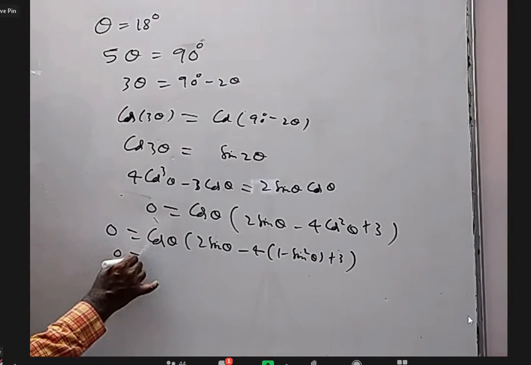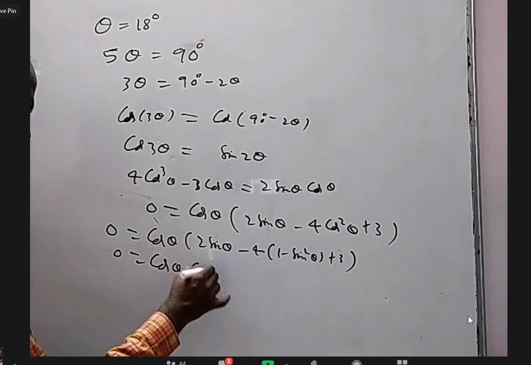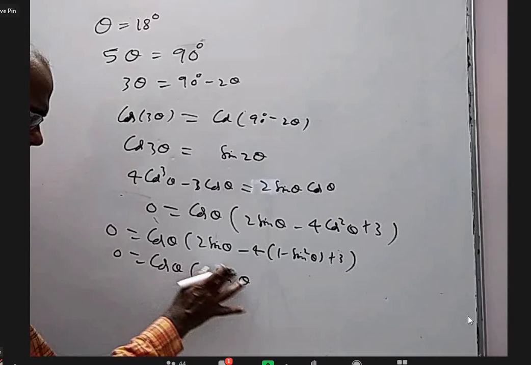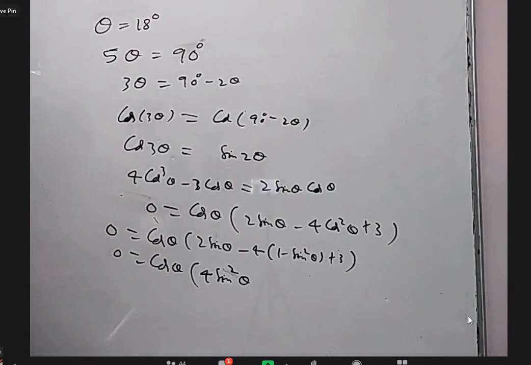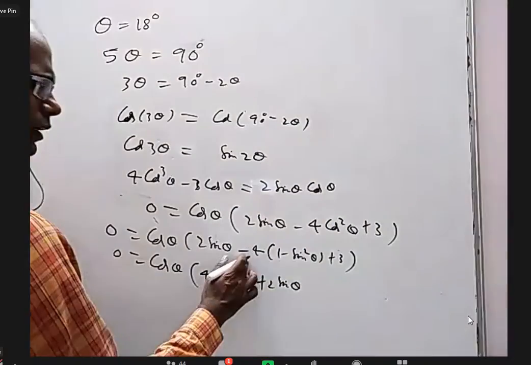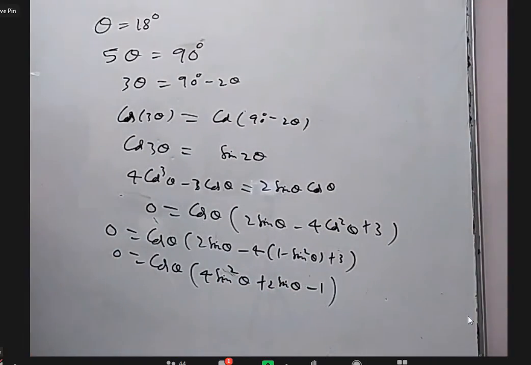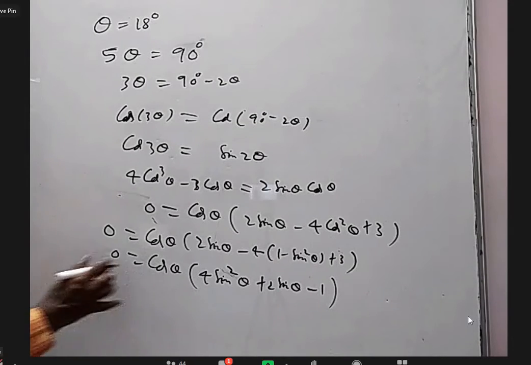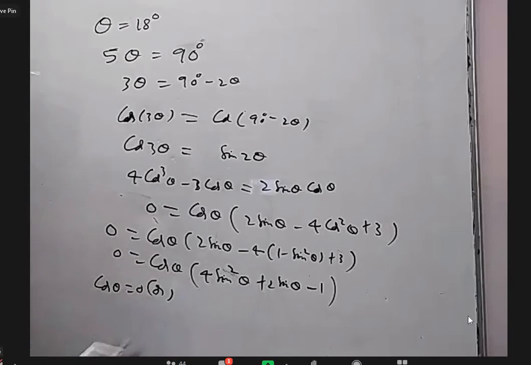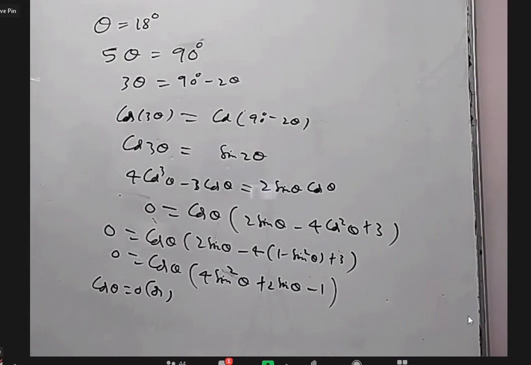So that is 0 equal to cos theta. So we expand this: 4 sin square theta plus 2 sin theta minus 4 plus 3 is minus 1. Now either I'll get cos theta equal to 0, or from this quadratic equation I can use minus b plus or minus root b square minus 4ac by 2a.